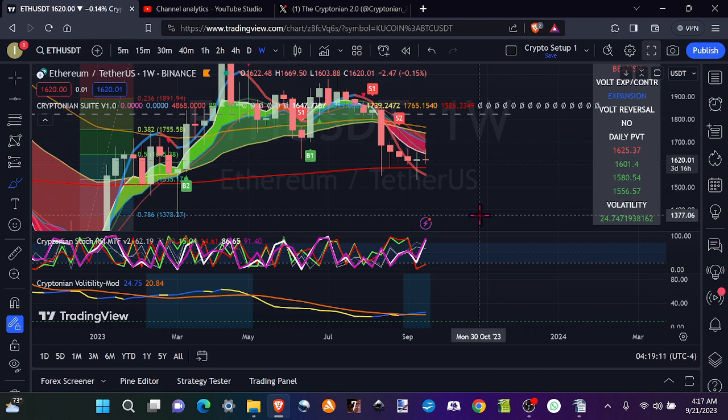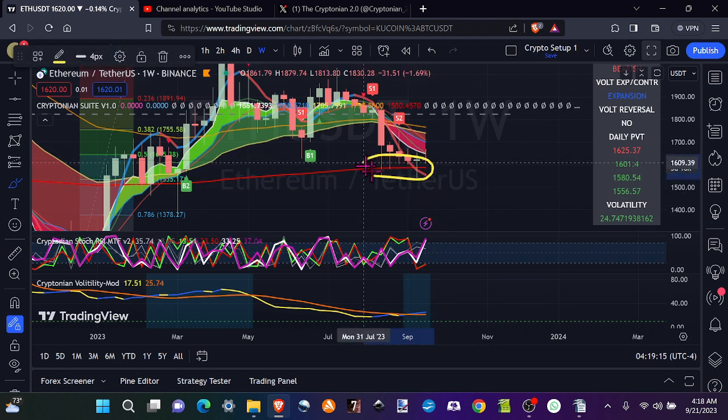Okay, so that's it, friends. I just want to let you know what I'm seeing. I'm seeing some purchasing coming in here on the weekly at the 200, and of course that's confluent with the golden pocket, which is a typical bullish area of purchasing.